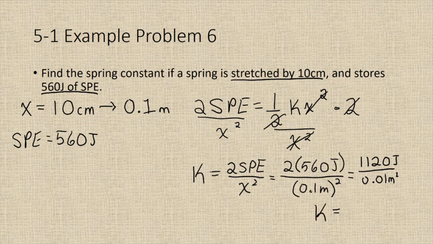And dividing those two, 1120 divided by 0.01 will give us a really large spring constant, 112,000 newtons per meter. And that's the answer to number 6.